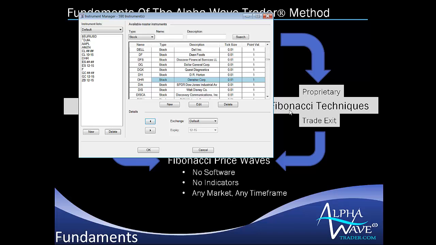TQQQ, is that the stock, please? Guys, we are on the stocks, correct? It's not a major stock. Major stocks, please.